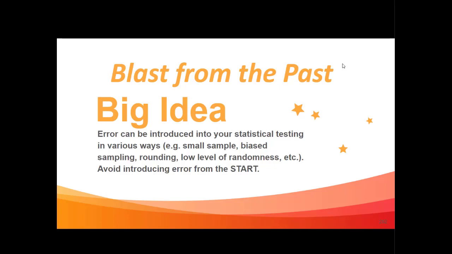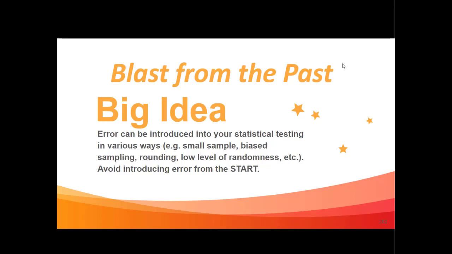If you remember from a couple big ideas ago, we talked about introducing error into our statistical testing through a variety of ways. One of the ways that we introduced a little bit of error into our last example was when I rounded the standard error. We just rounded it for the sake of convenience, but I am chipping away at the truth when that happens.